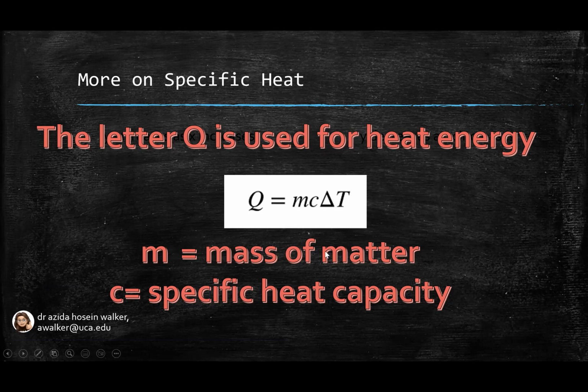M is the mass of the substance, and normally that's in kilograms. The specific heat capacity is a constant for the particular type of material, and its units are kilojoules per gram degree Celsius, or kilocalories per kilogram degree Celsius.